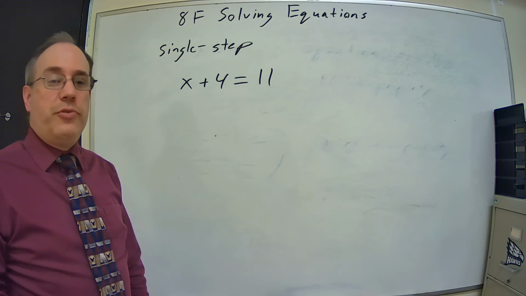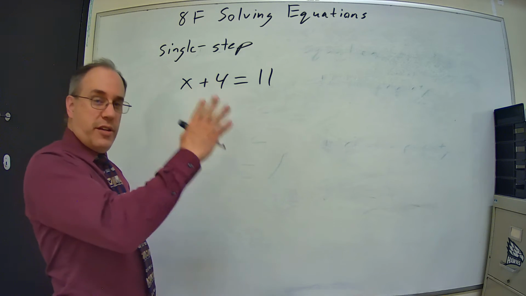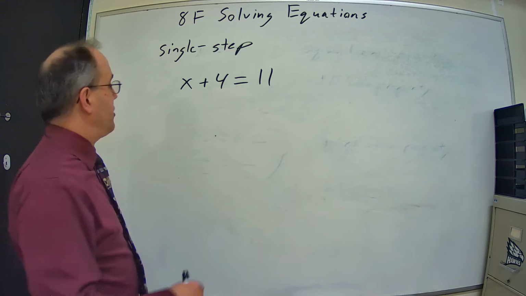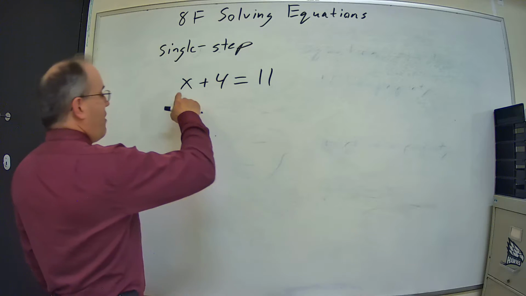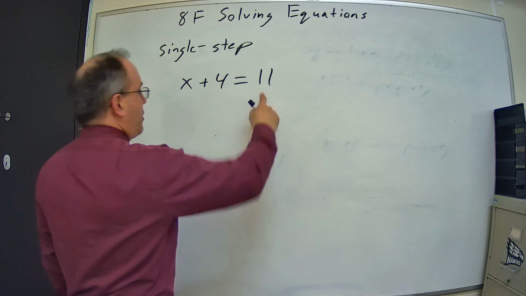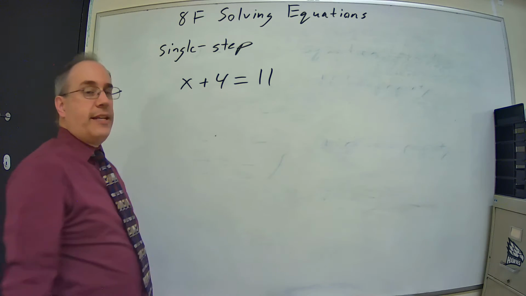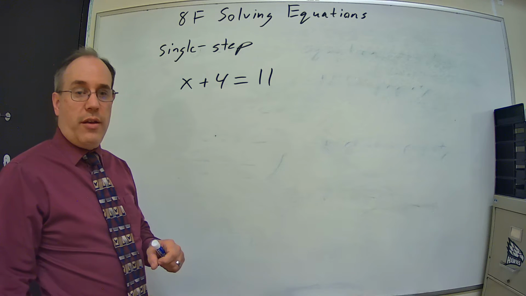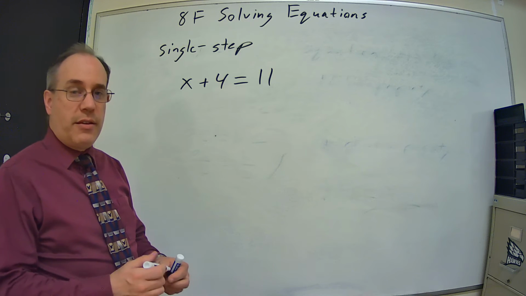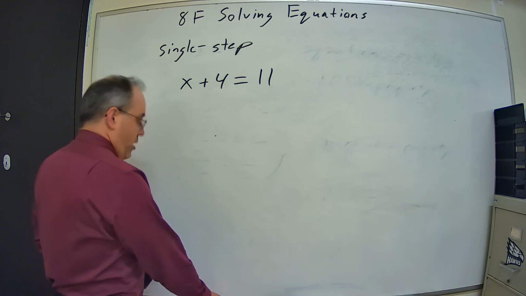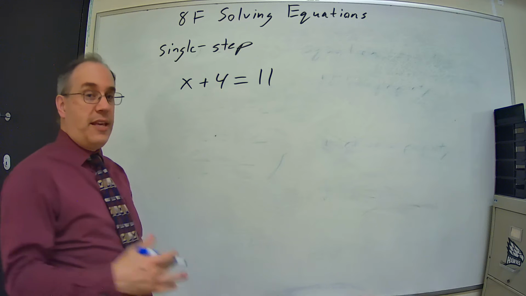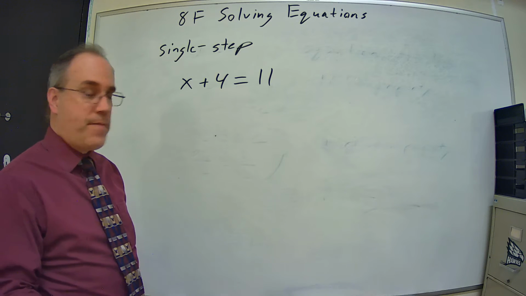Well, we use those addition and multiplication properties that I just talked about, and we say, well, I have x plus 4 is equal to 11. I want to find x, so I want to get rid of this 4. Well, how can I do that? Well, if I subtract 4 from both sides, that's the additive inverse, right?